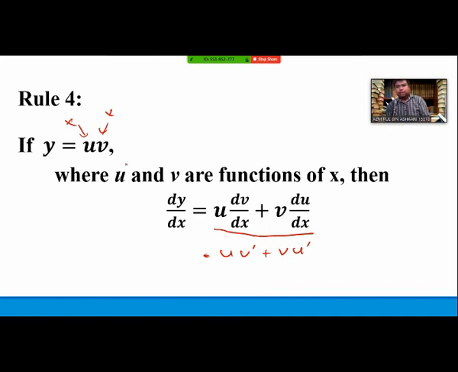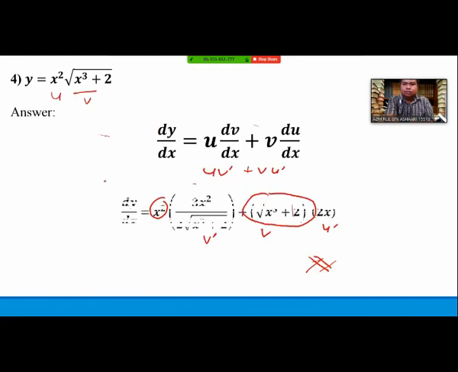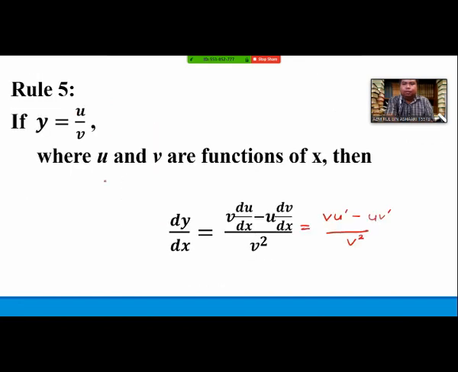You assume one of them is u and the other is v. And the 5th rule is this one. When you have u and v, each with an x inside, you need to assume u and v, and this is the formula you need to remember to solve that.